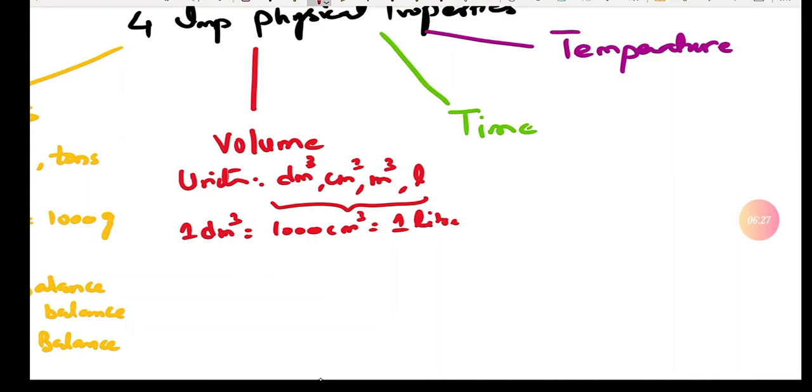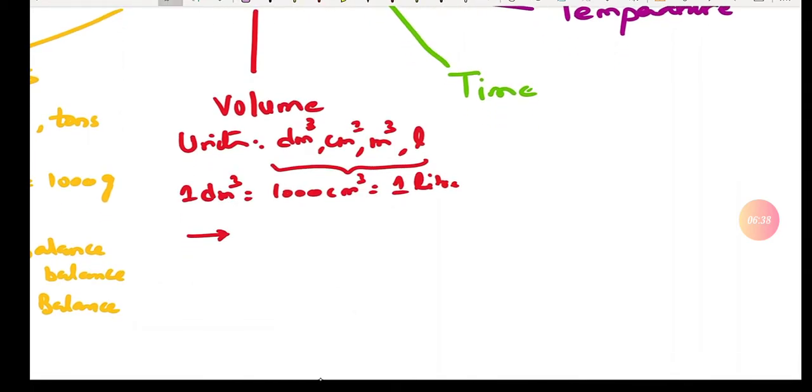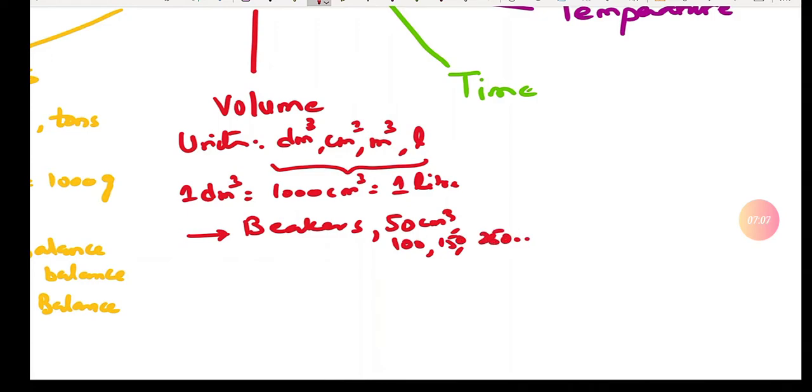We have various different apparatus being used in lab for measuring volume. They vary according to their accuracy and capacity. So we have beakers. They are less accurate and can be used for any random mixing, volumes taking, but not for accurate readings. You may find beakers of 50 cm cube, 100, 150, 250, and so on.